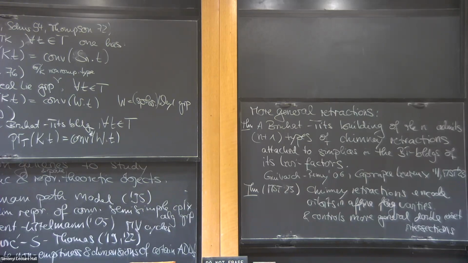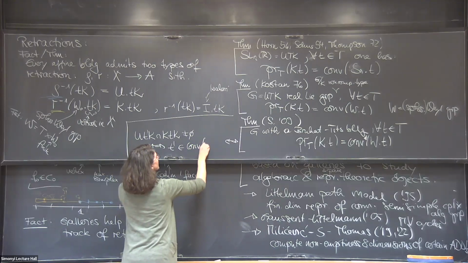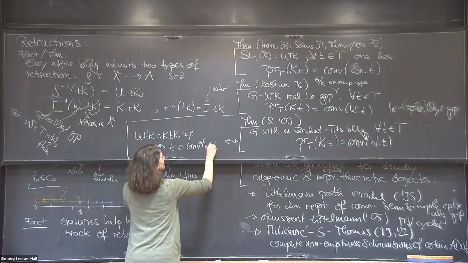Asking that this projection is the convex hull is equivalent to saying UTK intersected KTK is not the empty set, if and only if, and I have to put the prime in the correct place, I think it's here, E prime is in the convex hull of W0.